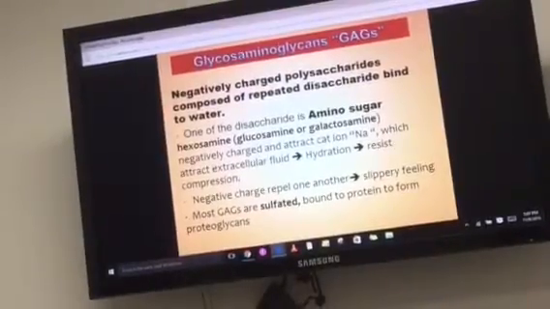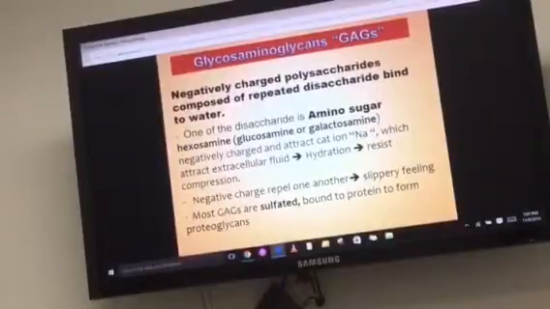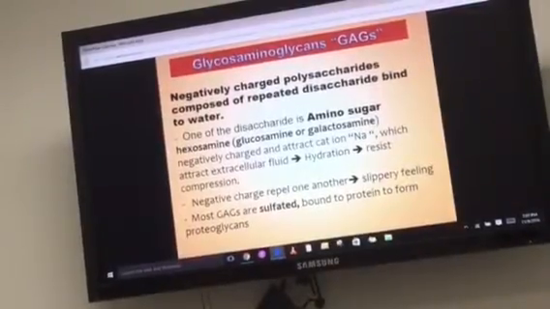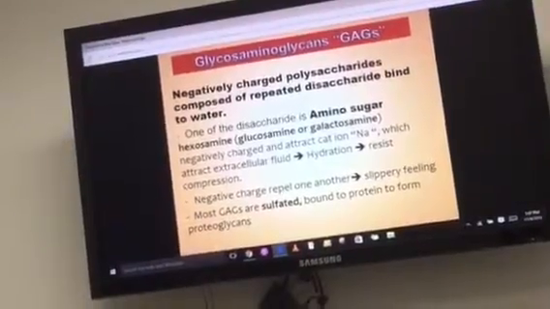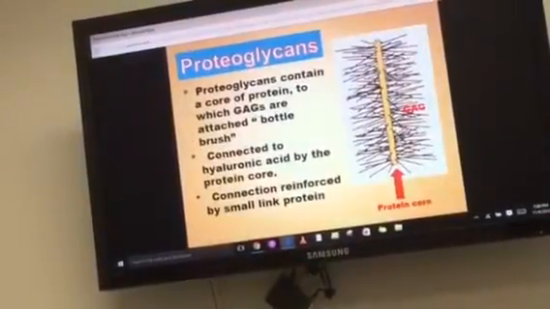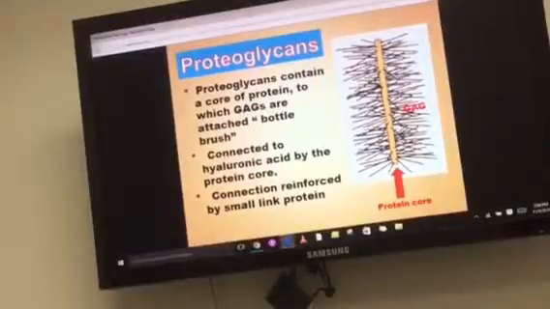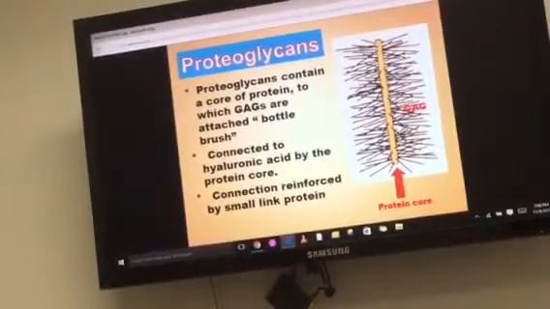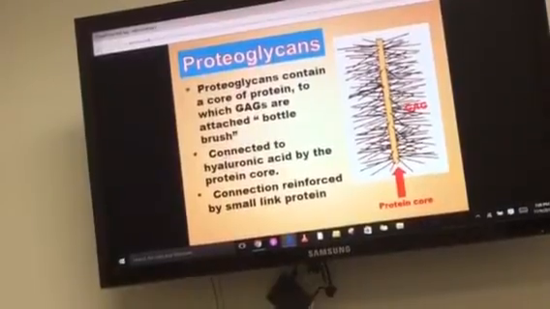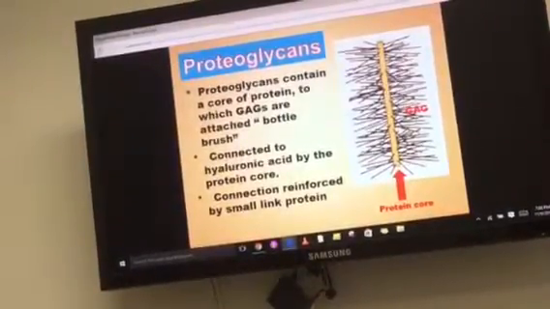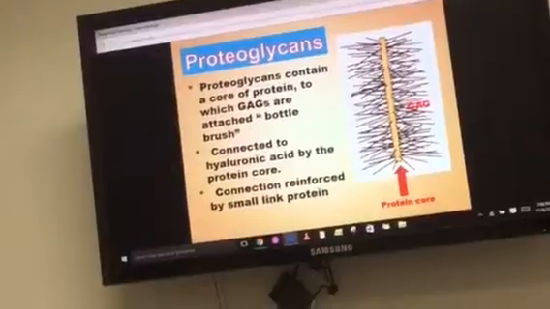Most of the GAGs are sulfated, and they're bound to proteins to form proteoglycans. The proteoglycans contain a core protein with the GAGs attached, and it looks like a bottle brush.